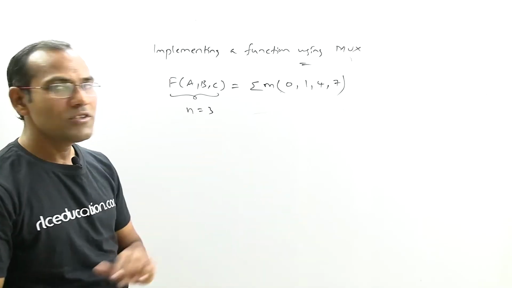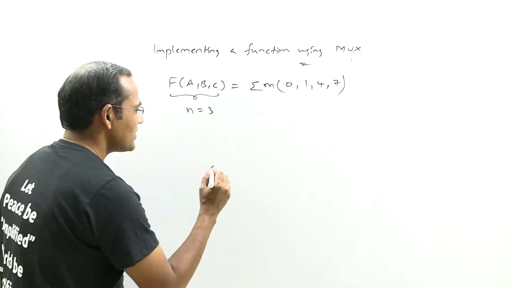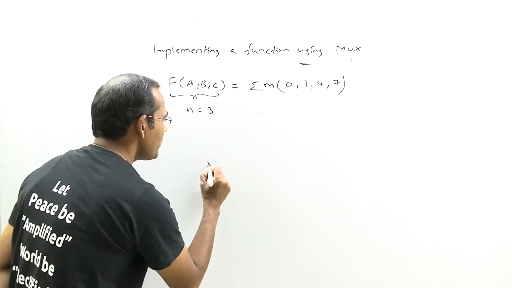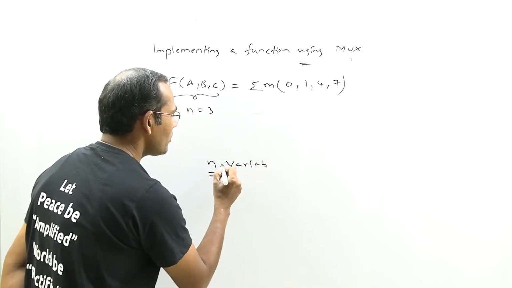Here the number of variables are 3. The general procedure is like this. Suppose I am implementing an n variable function.